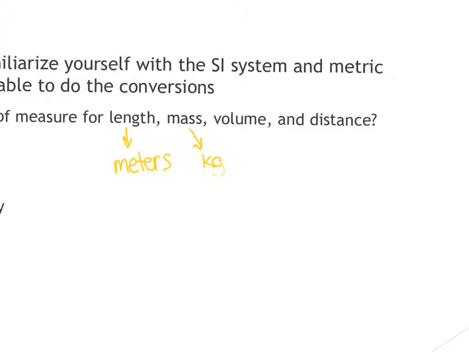The SI unit for mass is kilogram. It's the only one that's going to use the prefix. What about volume? Well, volume for a solid would be meters cubed. For a liquid would be liters.